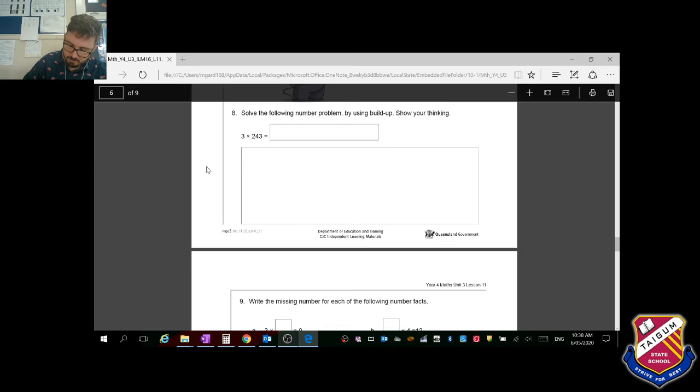I'm going to run out of room soon. 80 plus 40 equals 120. 6 plus 3 equals 9. So then I add 600, 120, and 9, and that gives me 729. Okay? So that is one strategy to solve that.